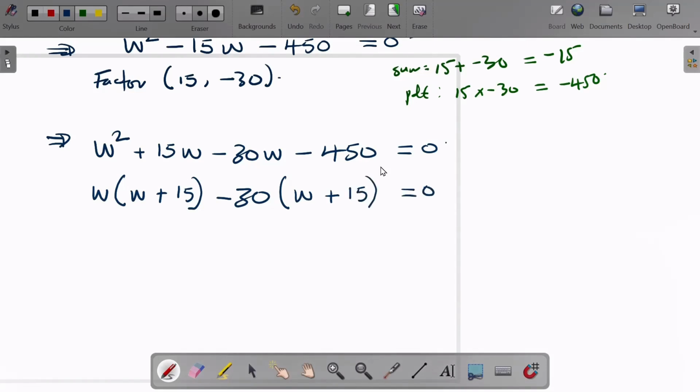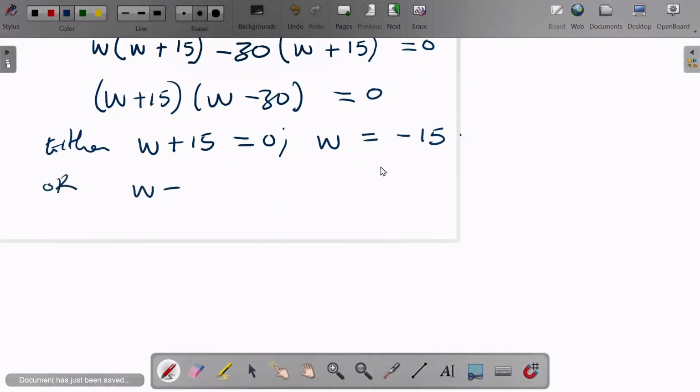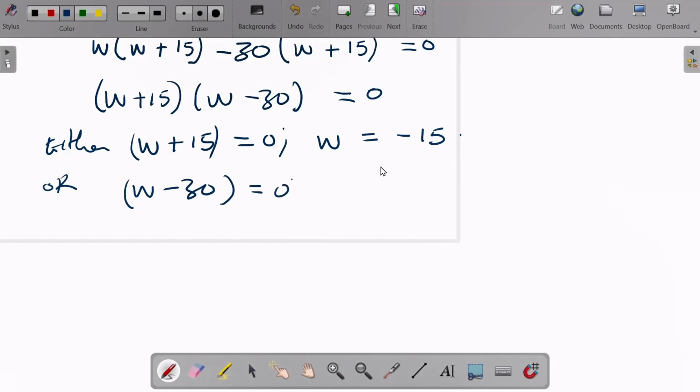So the common factor is now W plus 15, and we are left with W minus 30 giving us 0. So either W plus 15 equals 0, implying that W equals negative 15, or W minus 30 equals 0, implying that W equals positive 30. We can see that we have two values, one of which is negative. So we can leave this one out and proceed with the positive one.